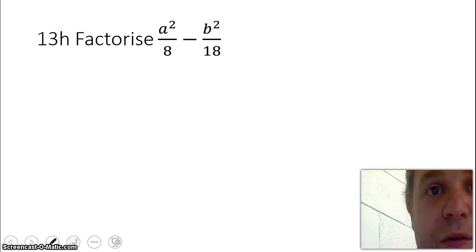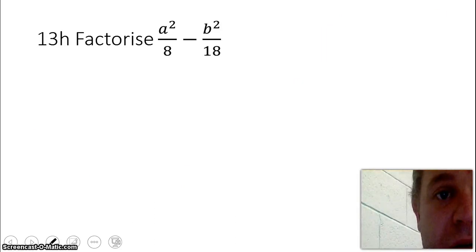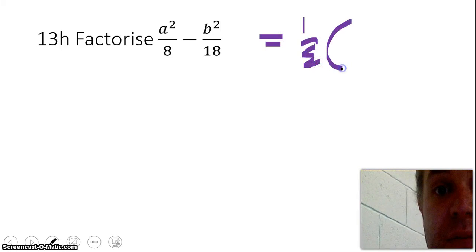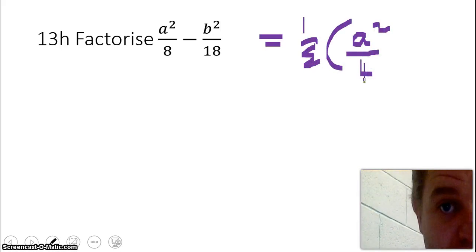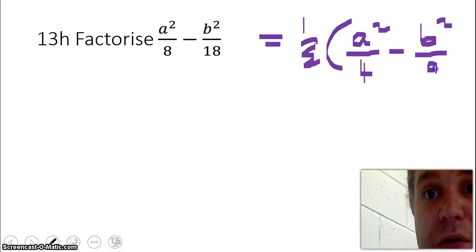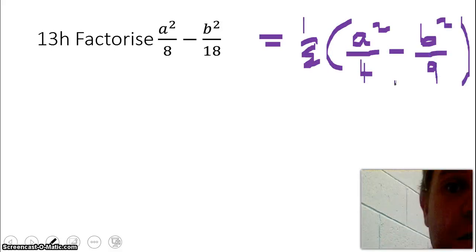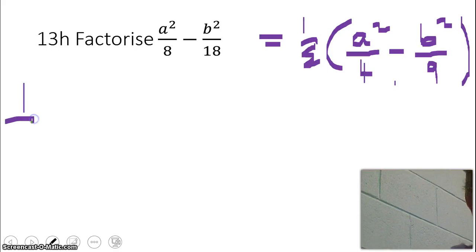In this one, we've got a common factor. We're going to pull that common factor out. Now, believe it or not, the common factor is actually half. So pulling my half out, I end up with a squared on 4, 4 being a perfect square. I've got b squared on 9, 9 being a perfect square. So I'm going to just write my common factor out the front.